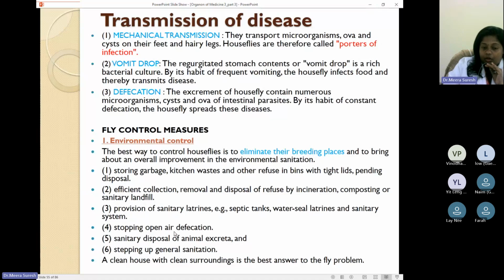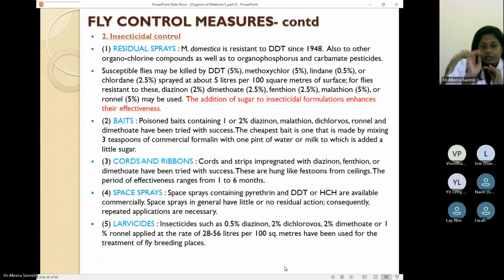So stop open air defecation, ensure sanitary disposal of animal excreta, and step up general sanitation and hygiene, because we saw that they are a sign of insanitation. So increase that general sanitation or hygiene. A clean house with clean surroundings is the best answer to the housefly problem.